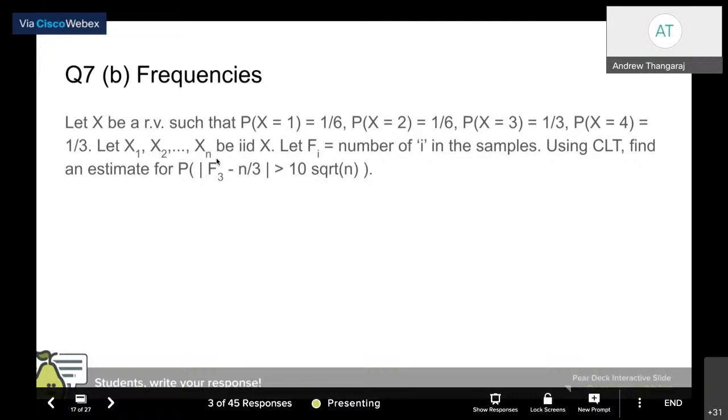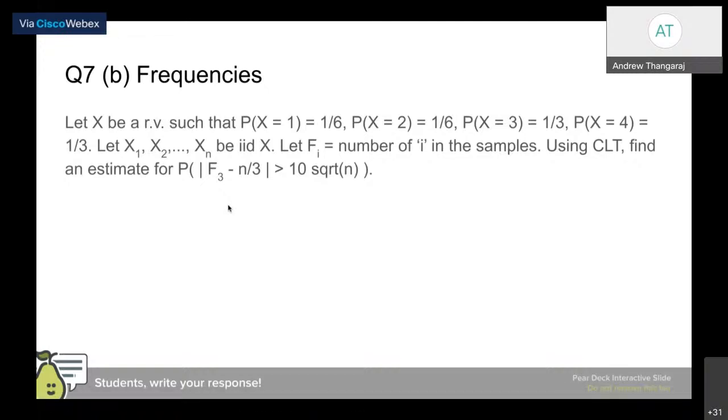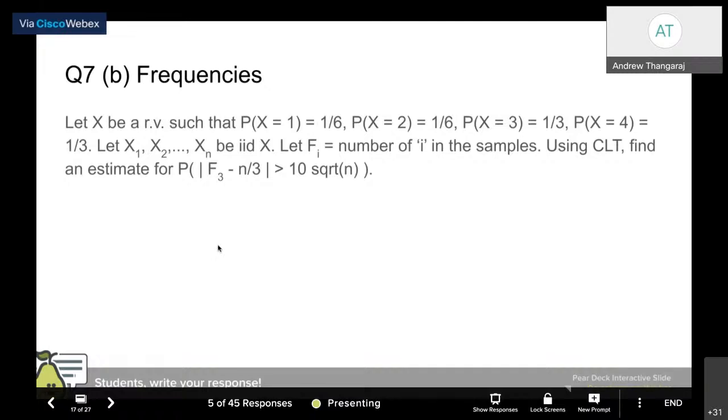Once again, I'm going to approximate F3 as normal. The mean of F3 is n by 3. We've calculated that before. And the variance of F3 is what? 2n by 9. You remember that? It's n times 1 by 3 times 1 minus 1 by 3, basically. So F3 is approximated as normal with mean n by 3 and variance 2n by 9, right? That's the first step.